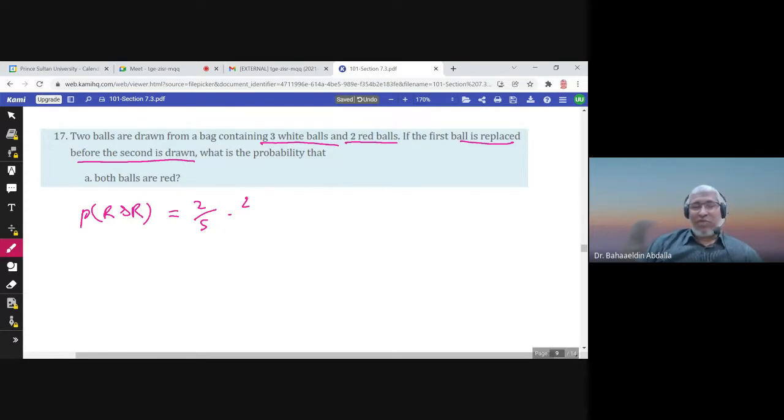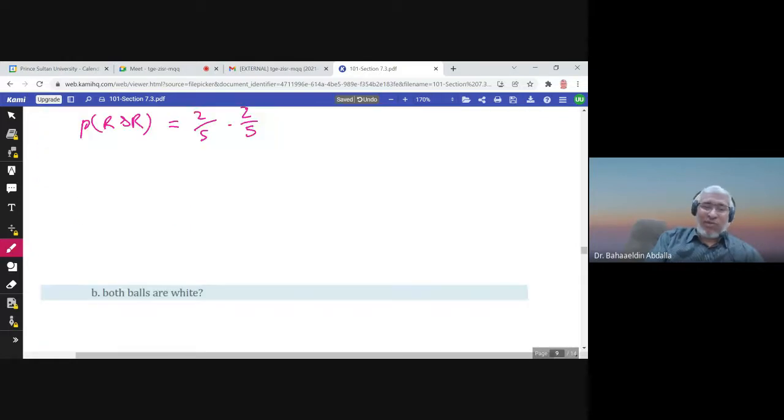Well, it's still 2 over 5, because even if the first is red, we will put the ball back, isn't it? So it doesn't really matter here, because the experiment is with replacement. It doesn't really matter to look at the first ball. The probability of the second ball being red is always 2 over 5.